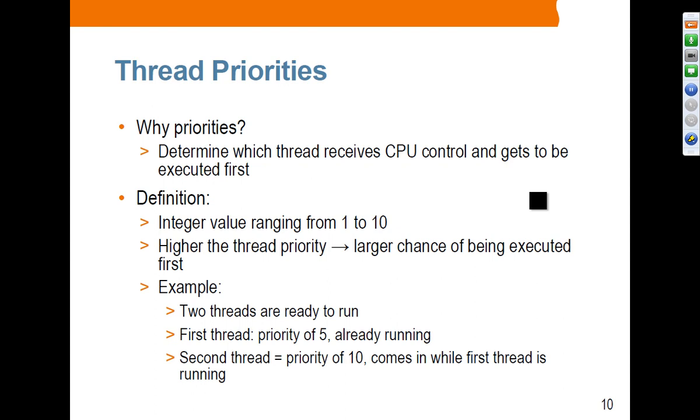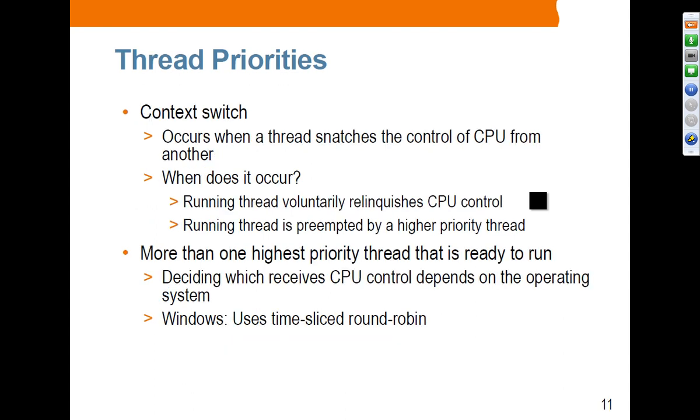Let's say you have 2 threads that are ready to run, and one has a priority of 5 and the other has a priority of 10. Then the one that has a priority of 10 will be considered as the next thread to run.